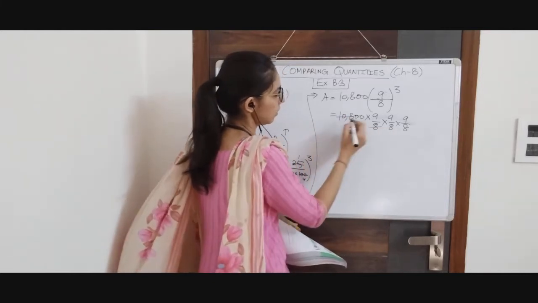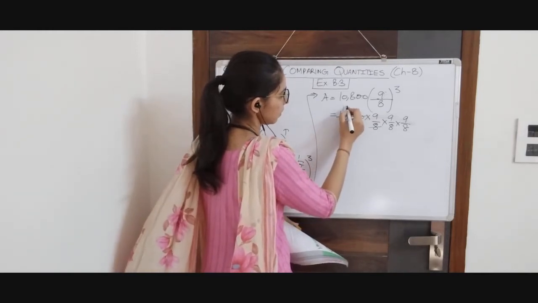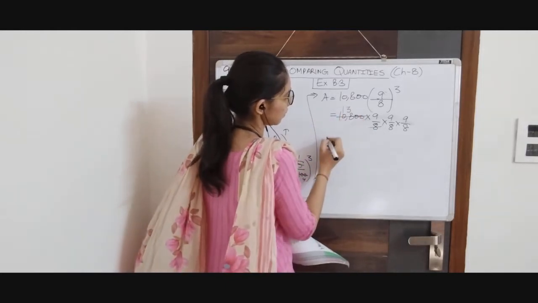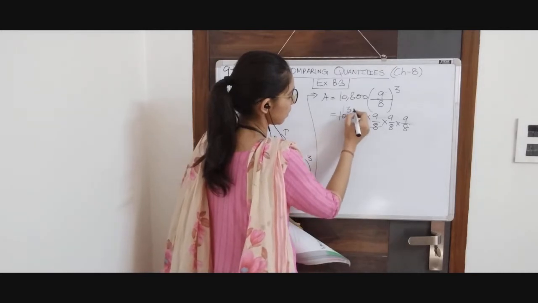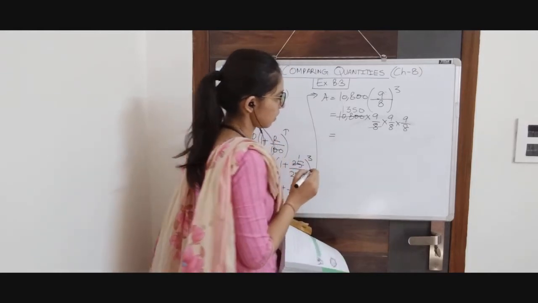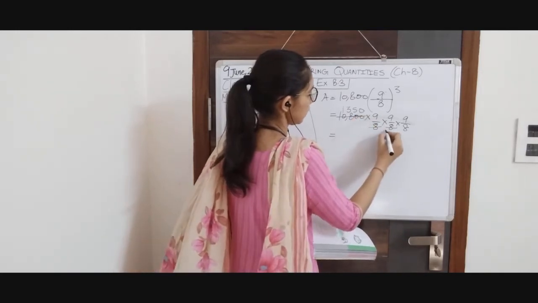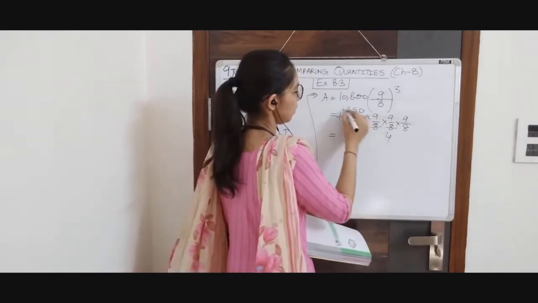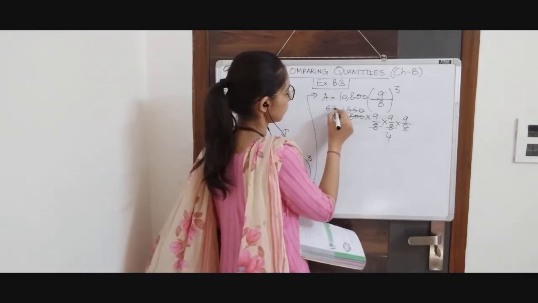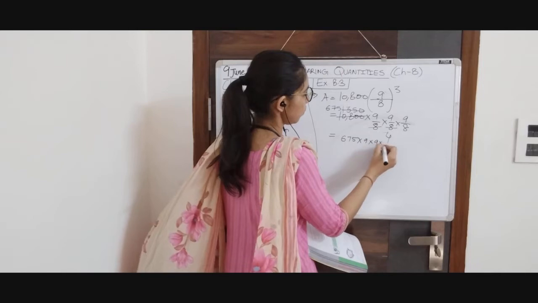Yes, 8. Again we can cancel with 2. It will be 675 into 9 into 9 into 9 divided by 32.